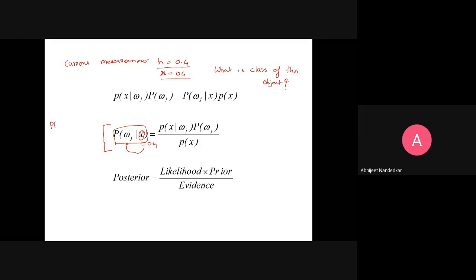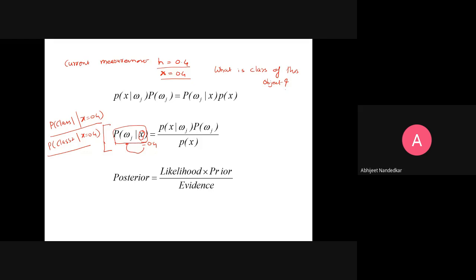So probability of class 1 given x is equal to 0.4, and probability of class 2 given x is equal to 0.4. If I find out somehow these two probabilities, then whichever probability wins, that class will be my prediction.